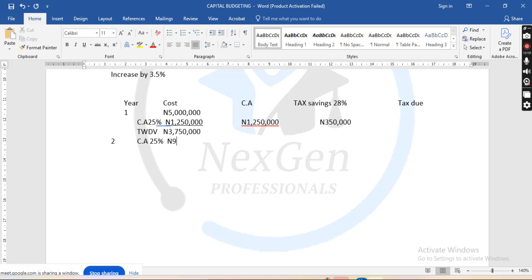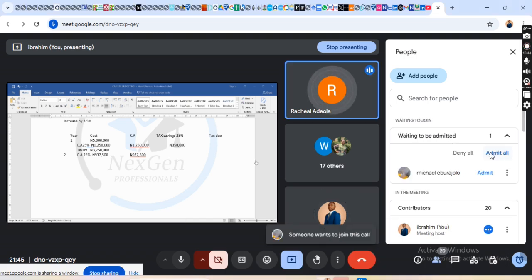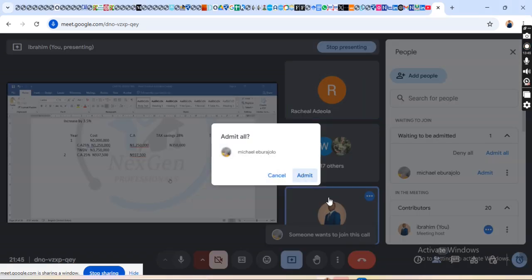Okay, charge 28%. What is the 28% of 937,500? 262,500. Okay, good.